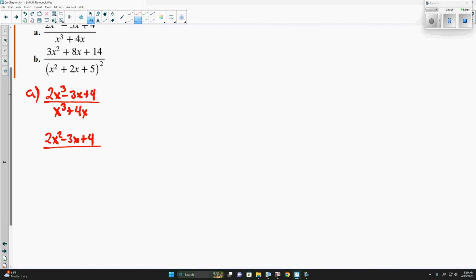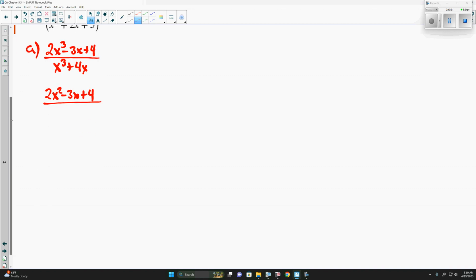Now the denominator in this case, x cubed plus 4x, is not completely factored. So the first thing we can look at is greatest common factor, and there is a greatest common factor of x that we can factor out. So we can factor an x out of x cubed, giving us x squared. And if we factor an x out of plus 4x, we have plus 4. Now the question is, can we factor x squared plus 4?